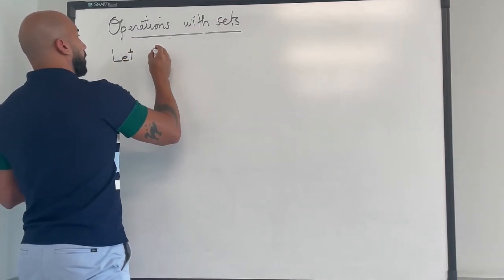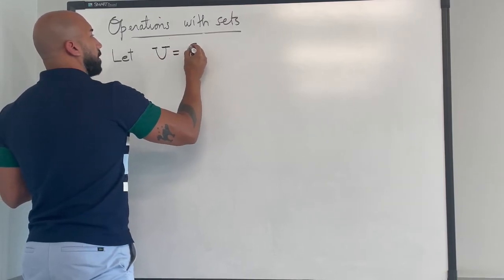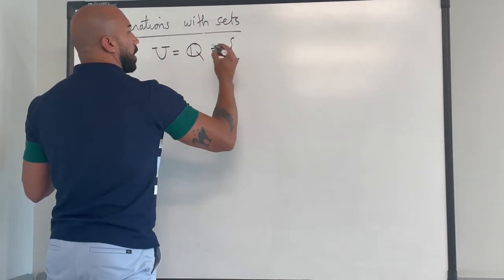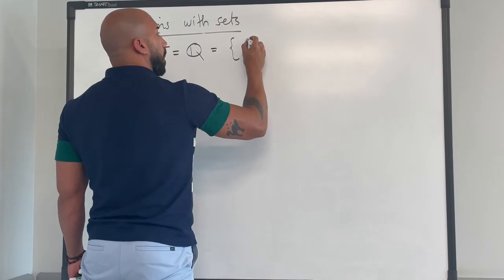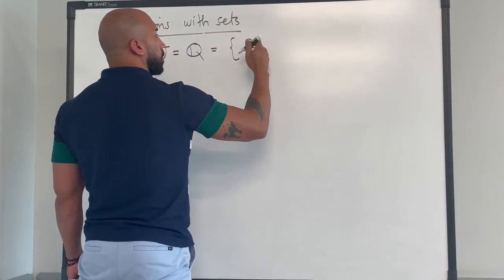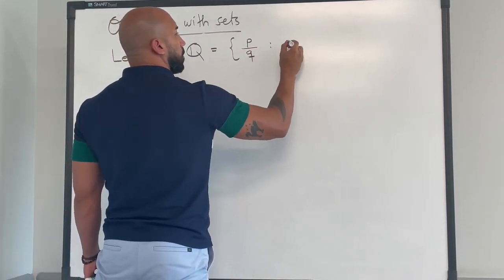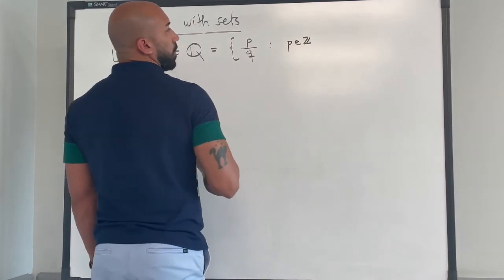Let U be the set of rational numbers, and the rational numbers are those that we can write as a fraction of integer numbers. So those that we can write as P over Q, such that P is an integer.